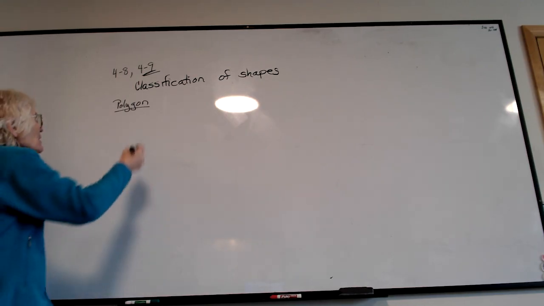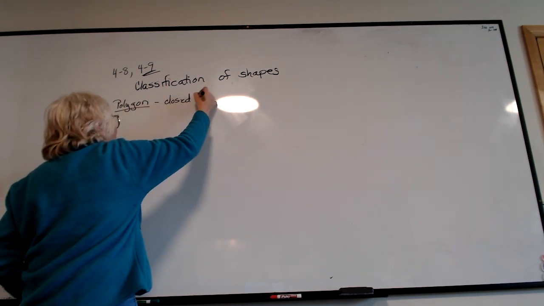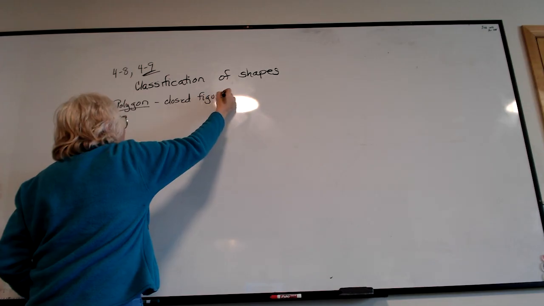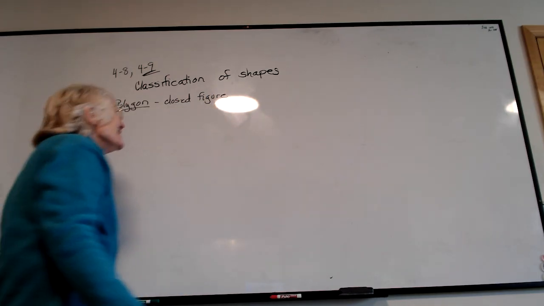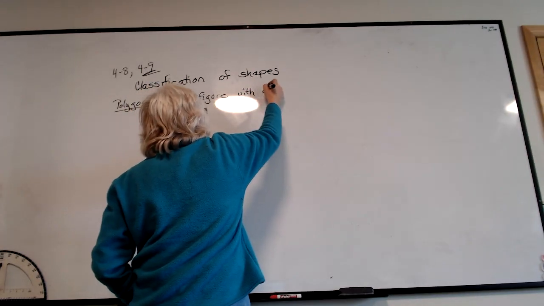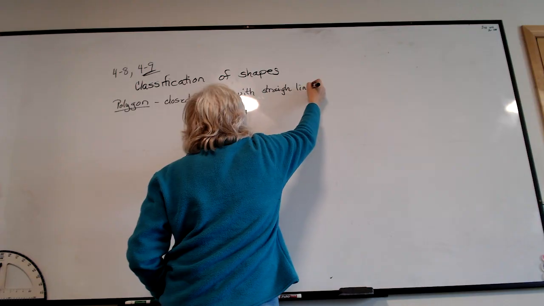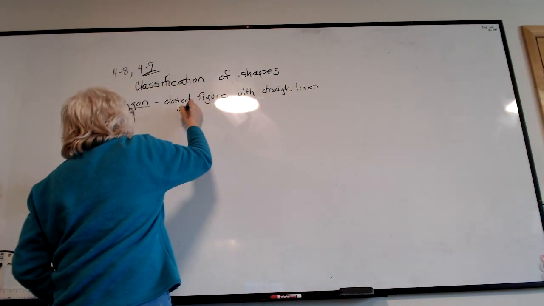So a polygon is a closed figure. I'm sorry, it's 4.8. Thank you. It's a closed figure with straight lines as sides.